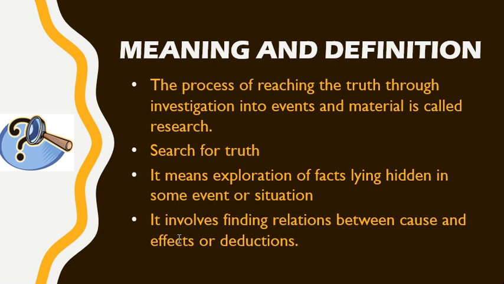Okay? The people who remain engaged in such tasks are called researchers. The people who gather facts, who are involved in the thorough study to reach the truth, are known as researchers. Okay, though different researchers adopt different ways to find out the facts, what they all aim is actually research.